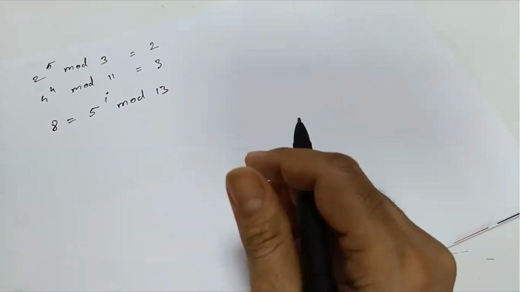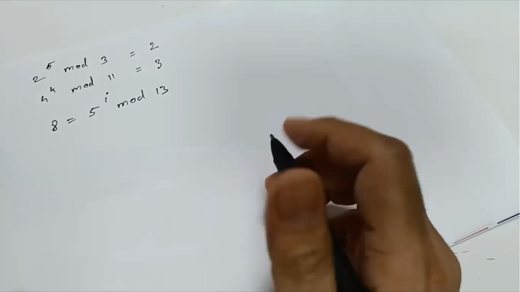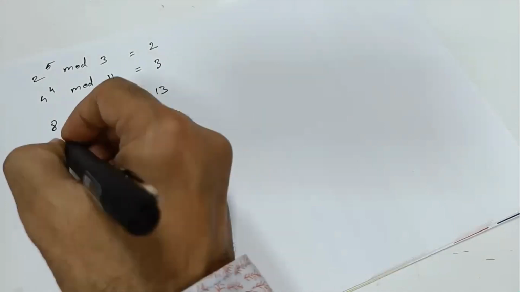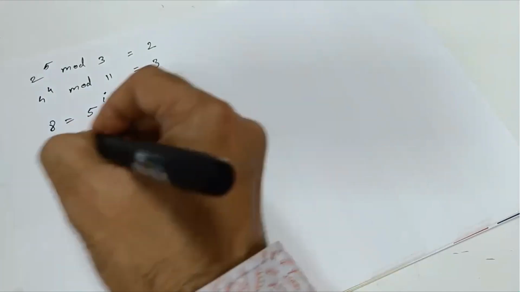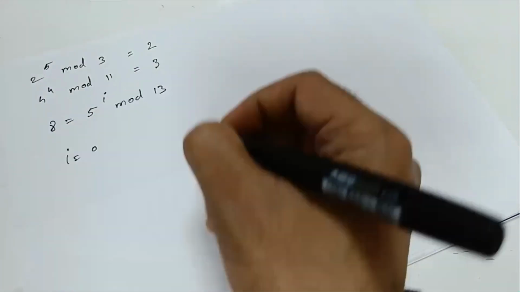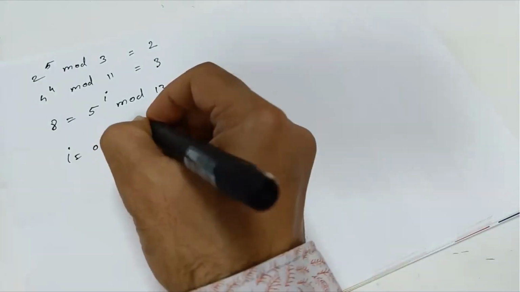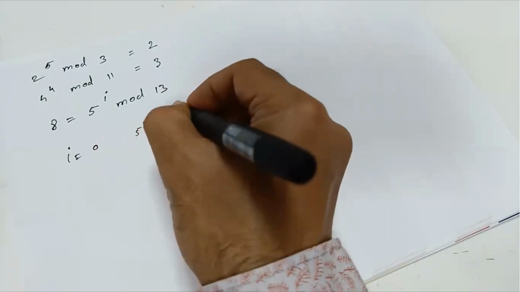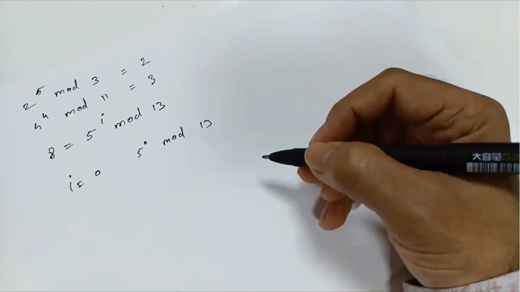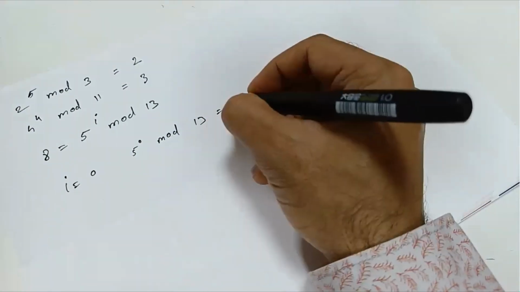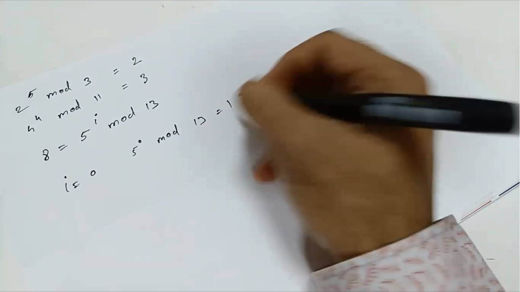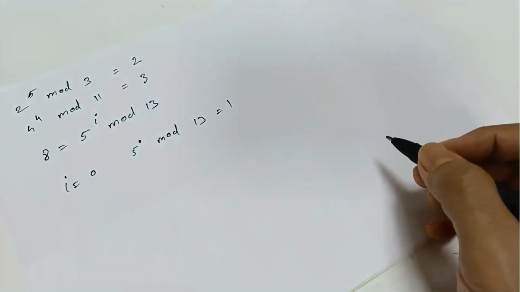Do a trial and error, right? Let us try to find out for I equal to 0. That means 5 raised to 0 mod 13. What is that? 1, as simple as that.